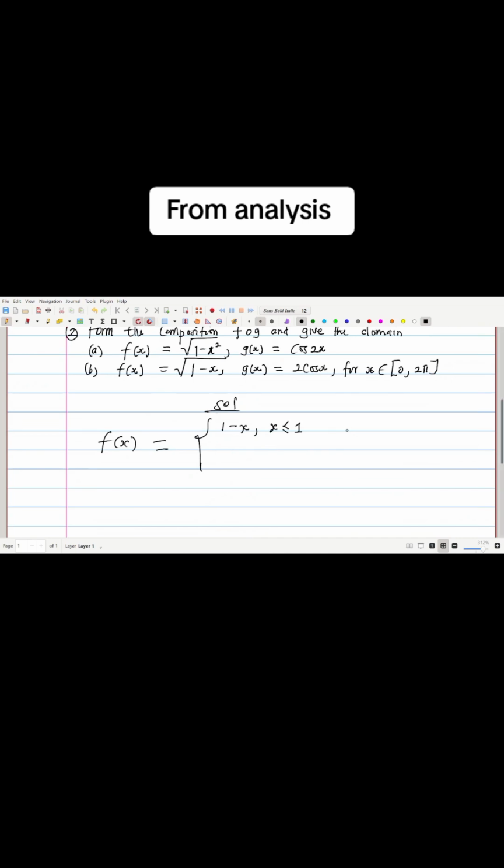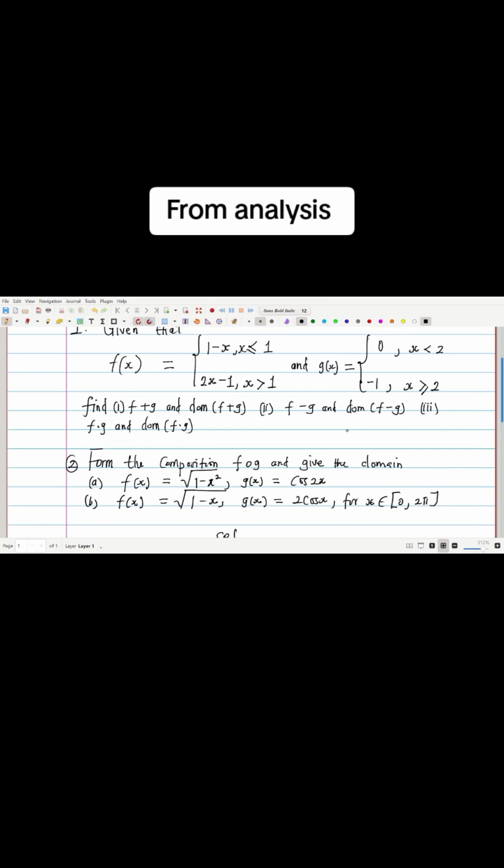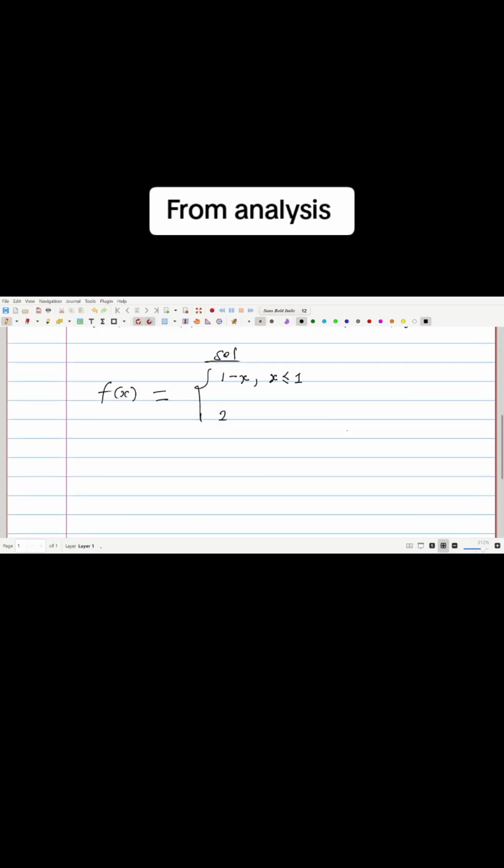Then we also have 2x minus 1 for x bigger than 1.